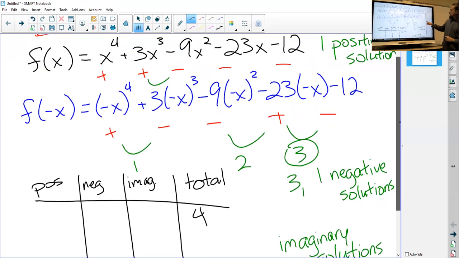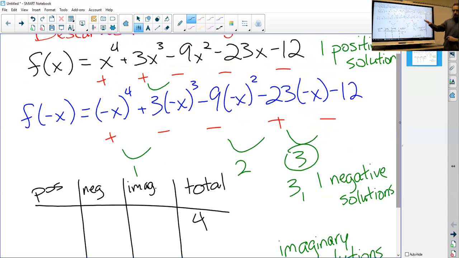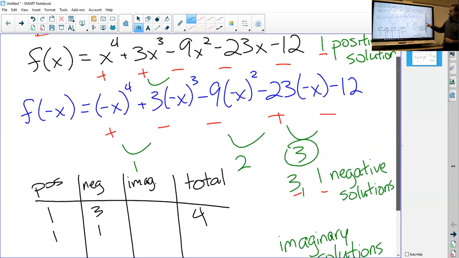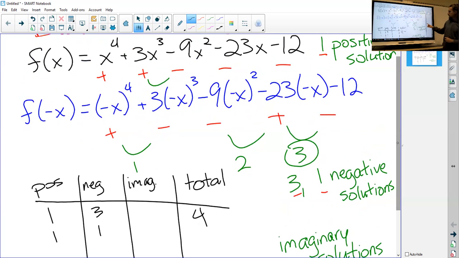So we just need to list out all the different ways that we could take our positive and negative solutions and make it add up to 4. This is a little bit simple because I only have one positive solution. So it's either 1 positive and 3 negative, or 1 positive and 1 negative. Right? So all I did was take all the combinations of positive and negative: 1 and 3, or 1 and 1.